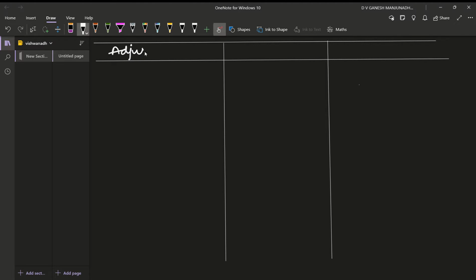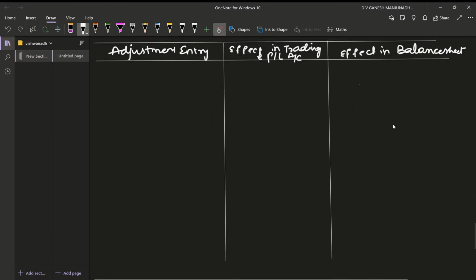So we shall write it here: adjustment entry, effect in trading and P&L account, and here effect in balance sheet. Let us see that, effect in balance sheet.